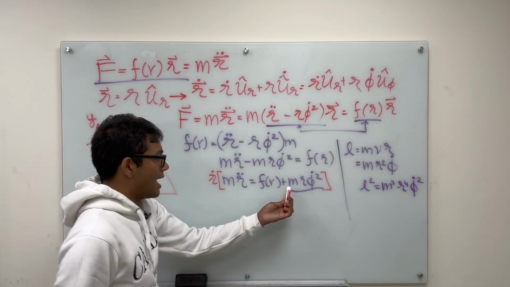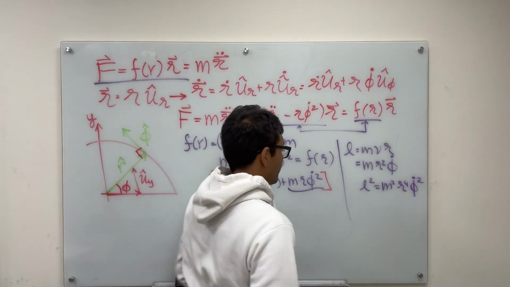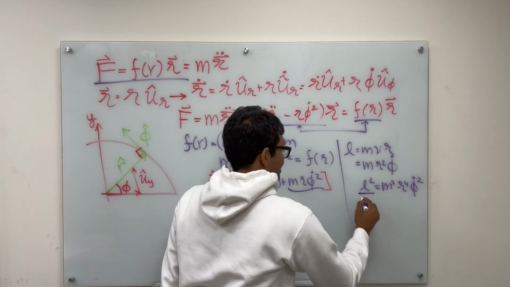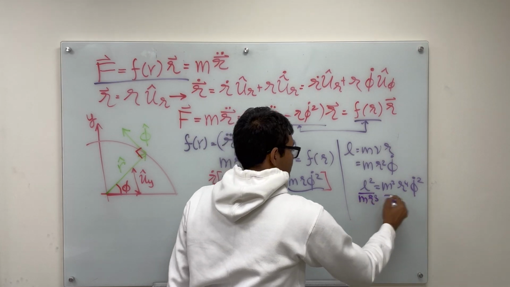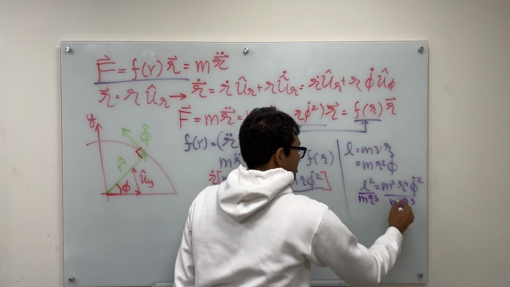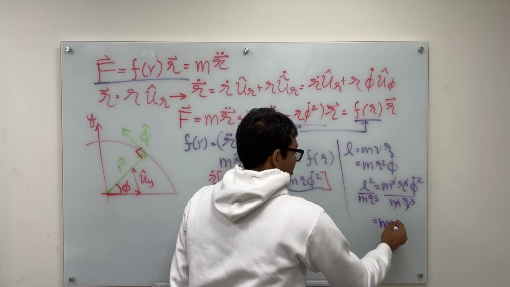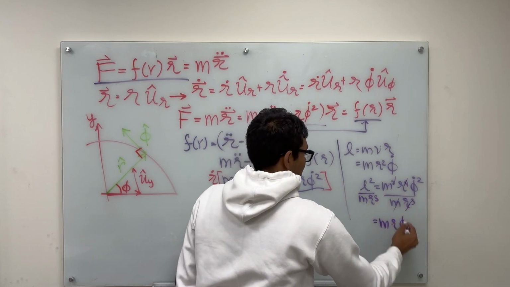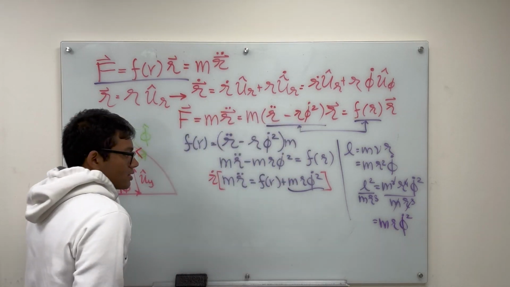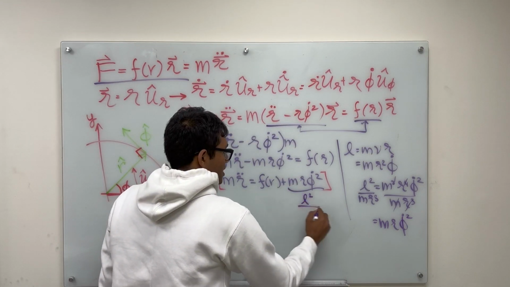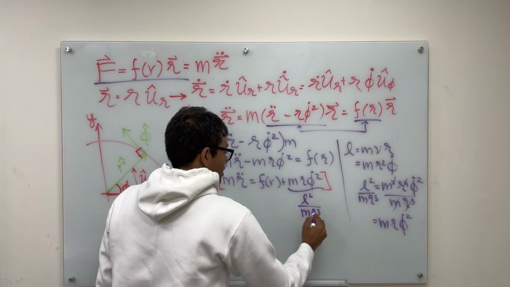But I don't want m squared or r to the fourth, right? So I'm going to divide this by m r cubed. That's going to cancel out one factor of m and three factors of r, giving me m r phi dot squared as desired. So this second term can be written as L squared over m r cubed.